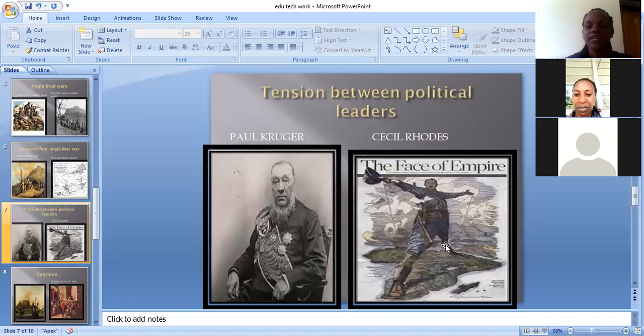First, the political leaders. As you can see in the diagram, we have Paul Kruger and then Cecil Rhodes. These two were of different origins. One was from the Boers and the other was from the British. Let me ask Jonathan to explain what he is seeing in the diagram showing the face of Cecil Rhodes.